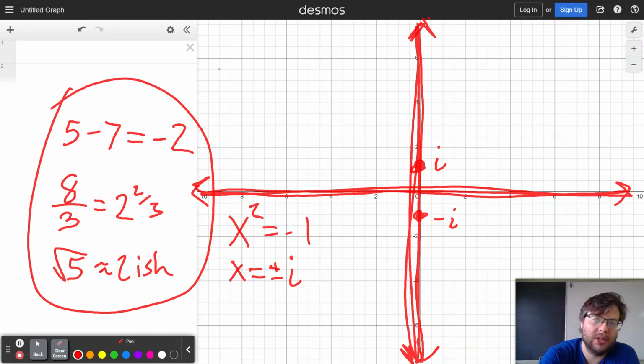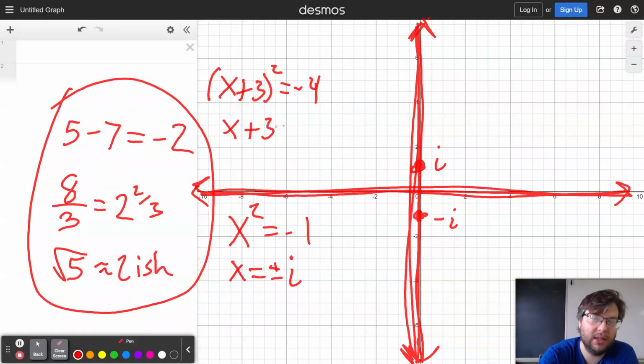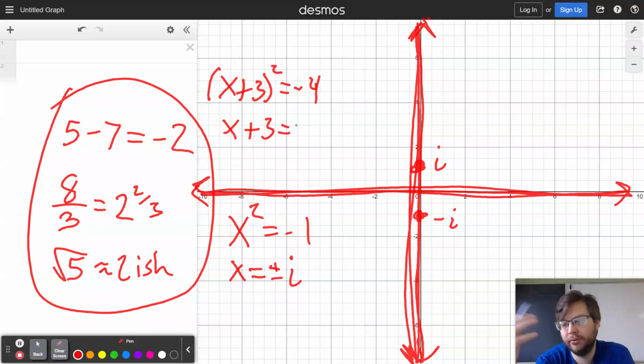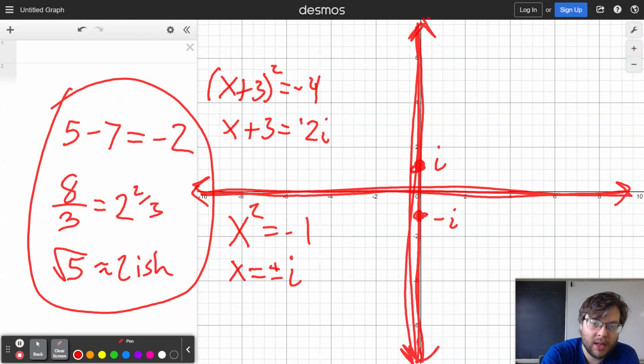We can now answer questions like, what if we had (x plus 3) squared equals -4? We can solve that by taking the square root of -4. Well, the square root of 4 is 2, so square root of -4 is 2i. The other square root is -2i. And if we solve for x by subtracting 3, we get -3 plus or minus 2i.